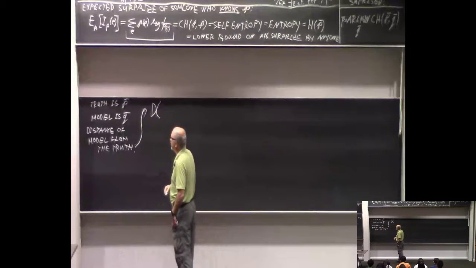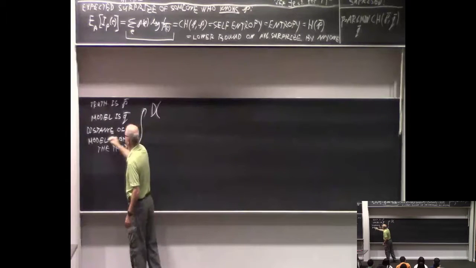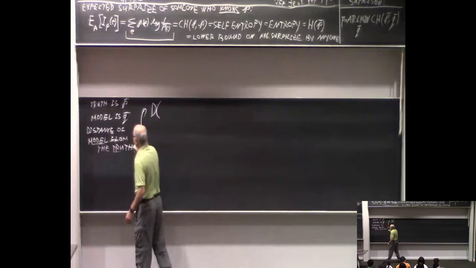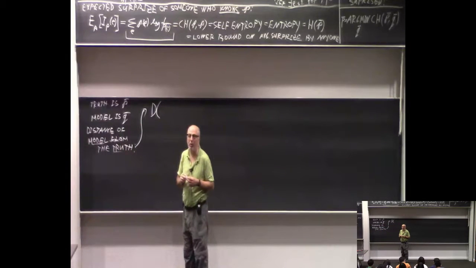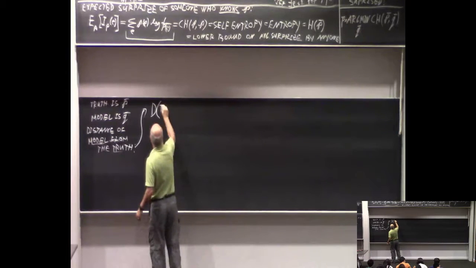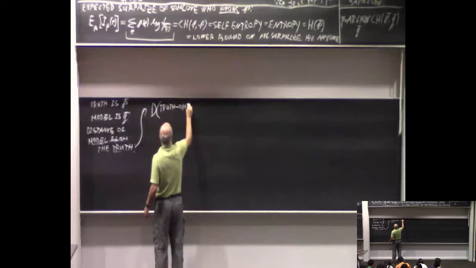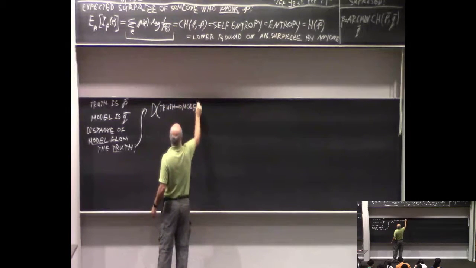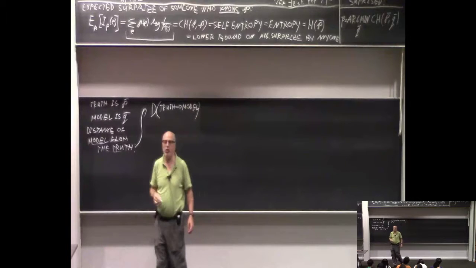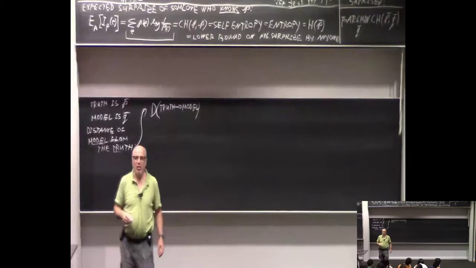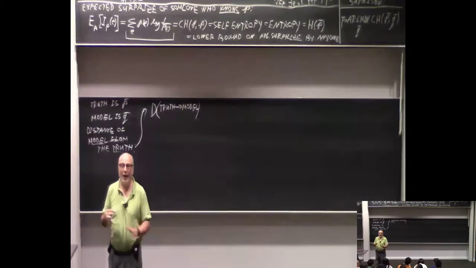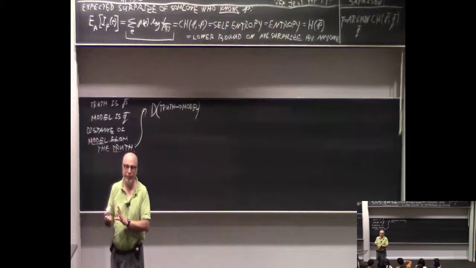Even though I say of model from the truth, I'm actually going to look the other way around. I'm going to look at the distance from the truth to the model. The reason I do that is because I want to judge that distance by the true measure.